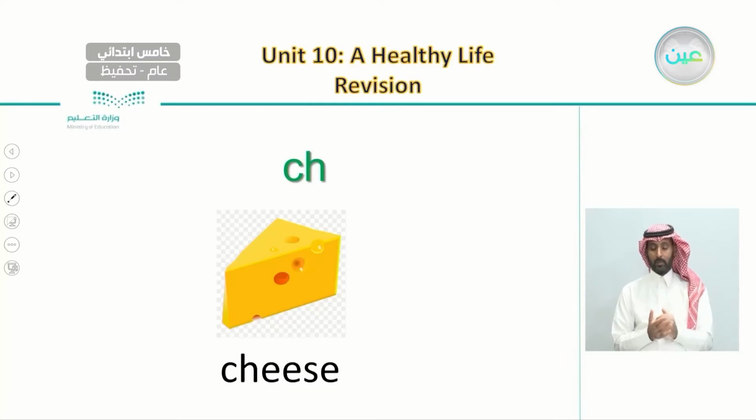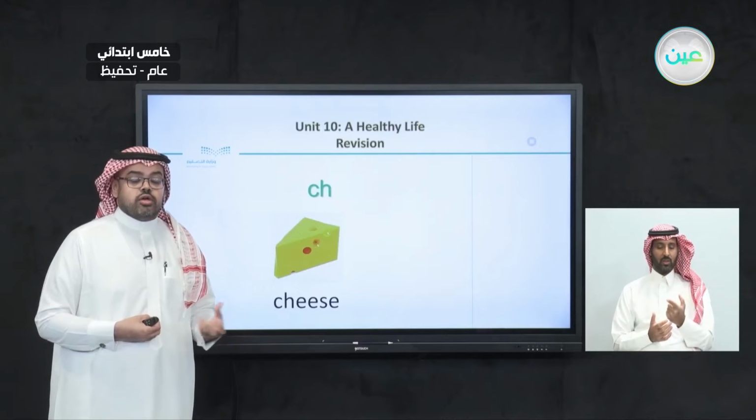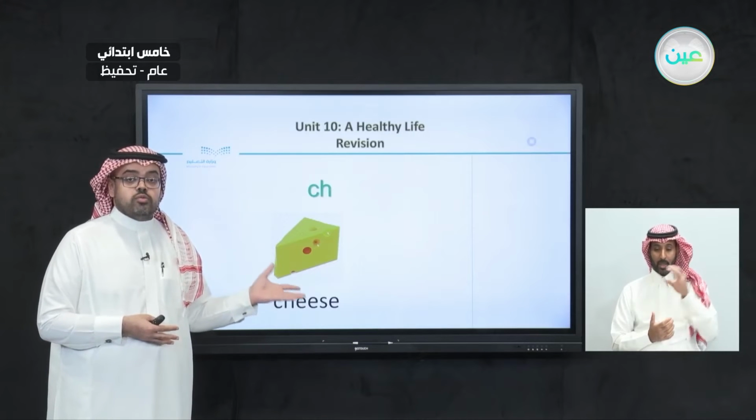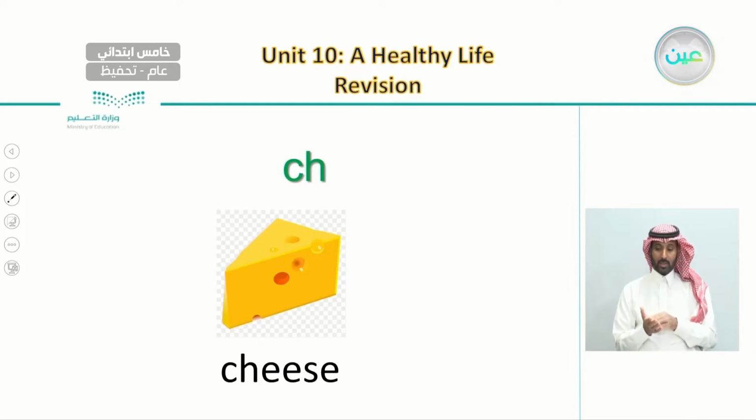The other set of letters is C and H. This is how we can find some similarities between S and H and C and H, but when we say the words, you can see the differences. With C and H, the first word is cheese.